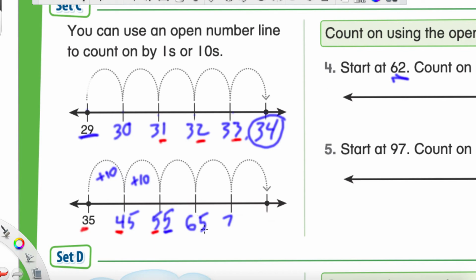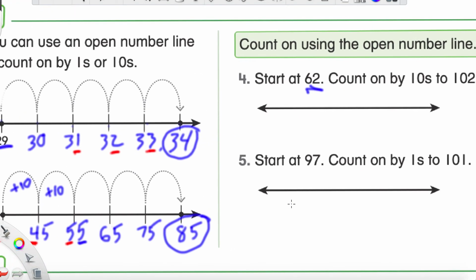And we keep that 5 in the 1's house. And then what's bigger than 7? 8. And we are still keeping that 5 in the 1's house because we're counting by 10's. We're not changing the 1's place ever when we count by 10's. Never, ever. Okay? So after 5 jumps, starting from 35, counted by 10's, we end at 85.